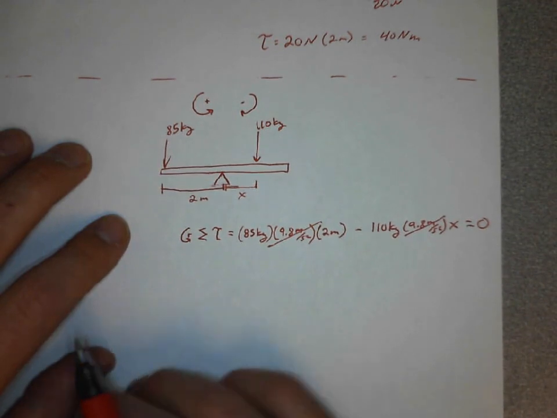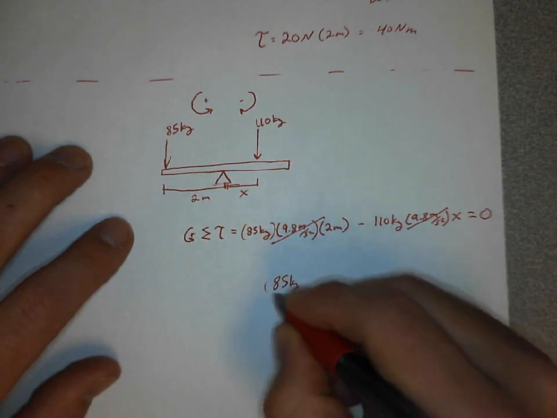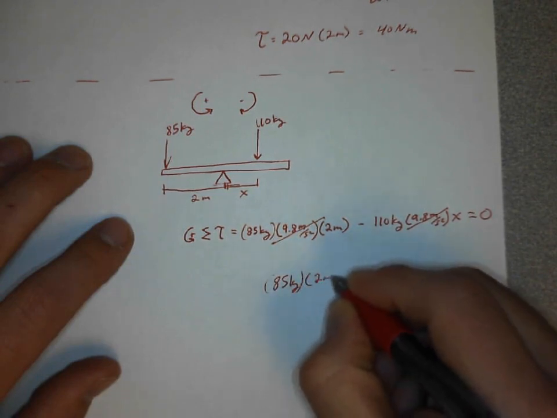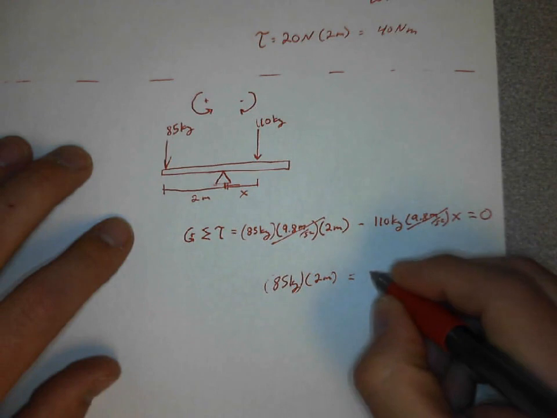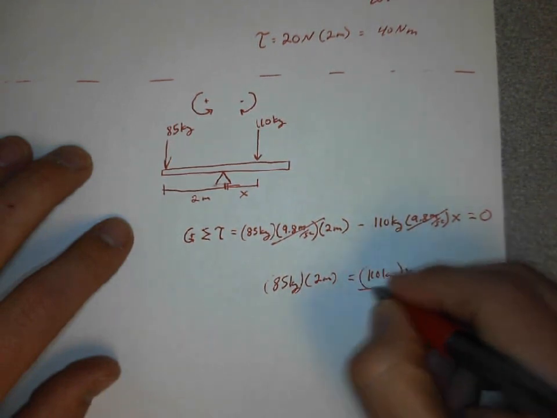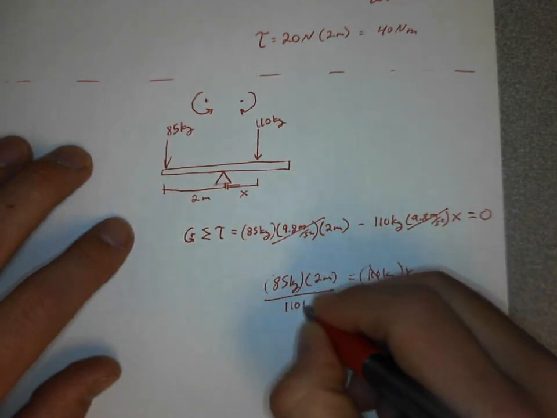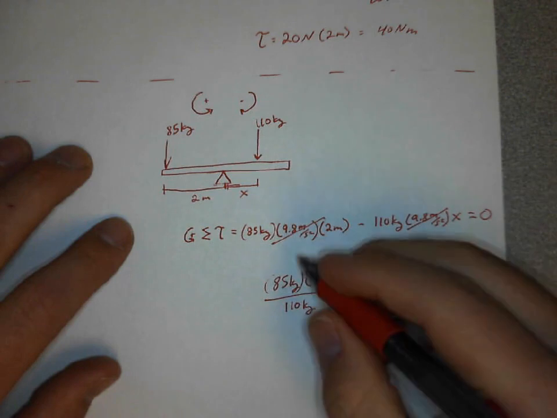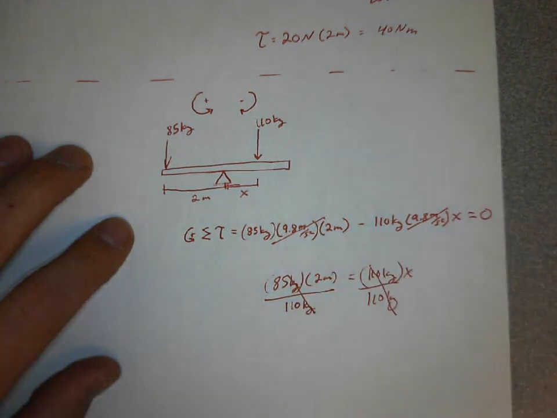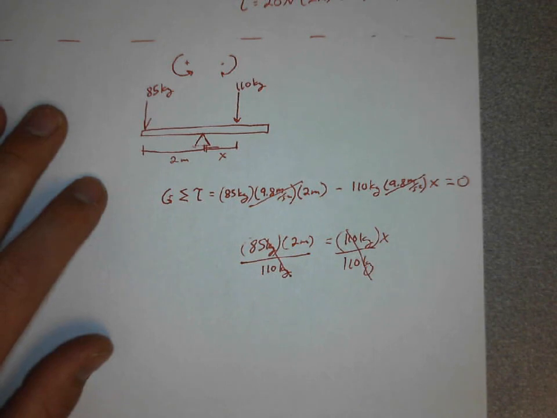All right, so we're going to solve for x. I've got 85 kilograms times 2 meters equals 110 kilograms times x. I'm going to divide the 110 over to equal x. Notice the kilograms cancel, so it didn't really matter in the end whether I had the 9.8 meters per second squared or not, because it would have canceled.